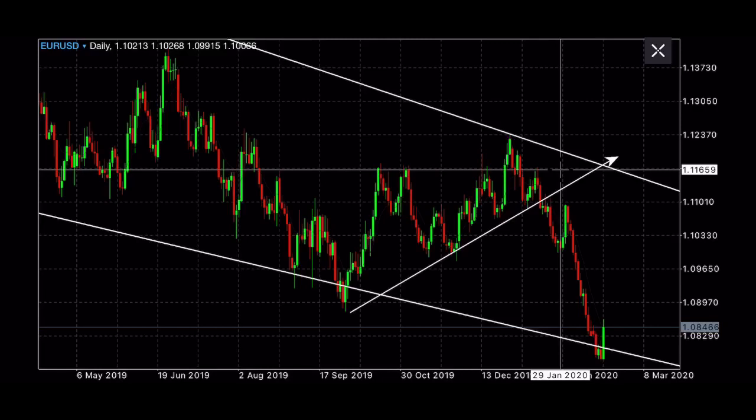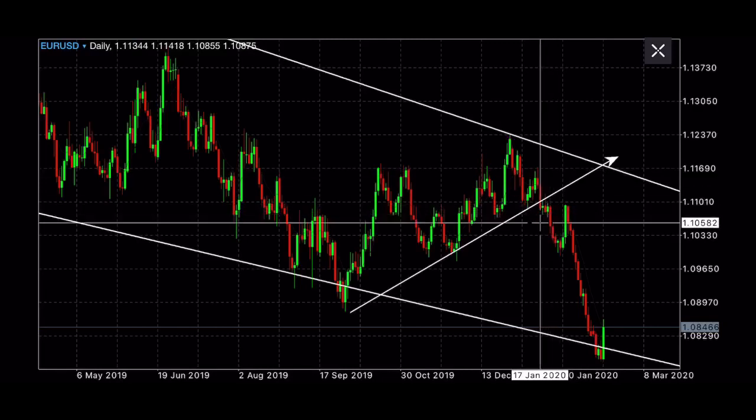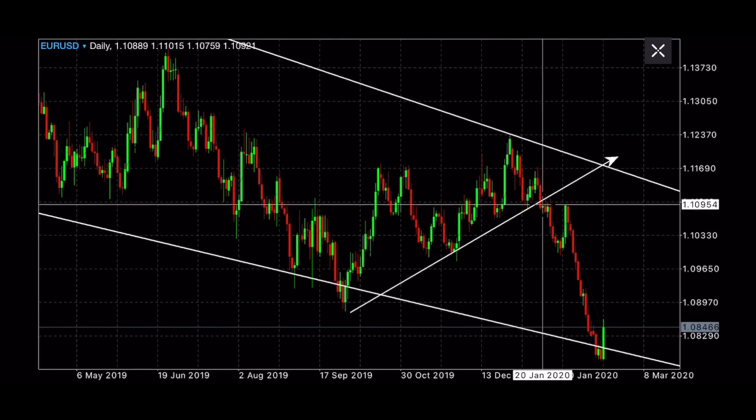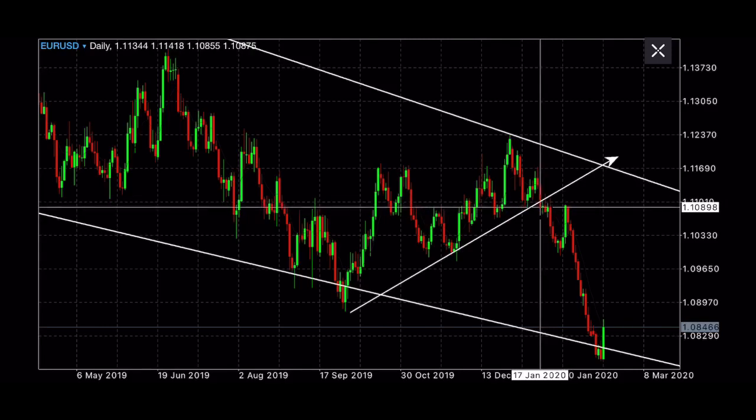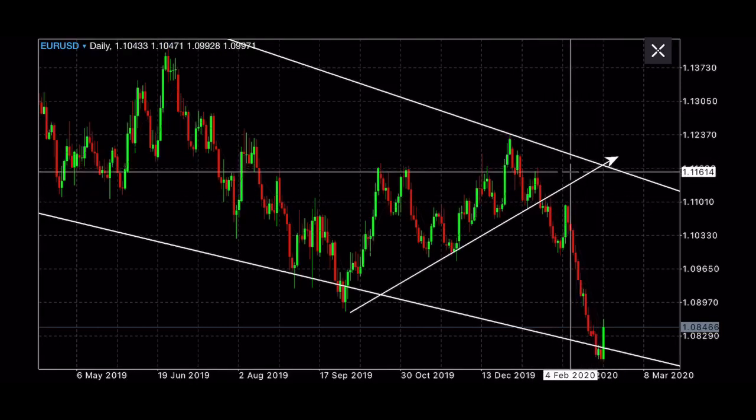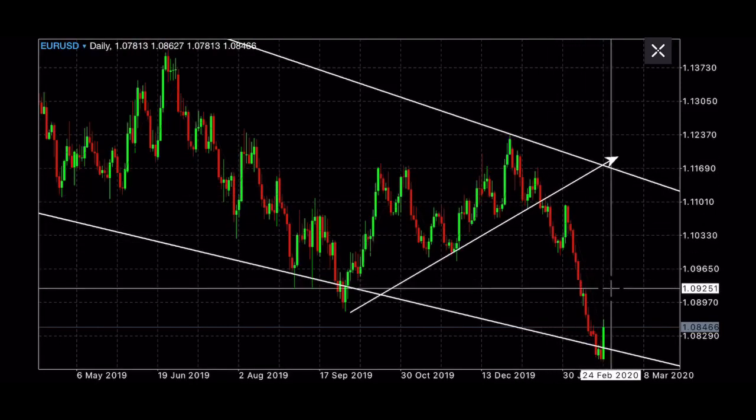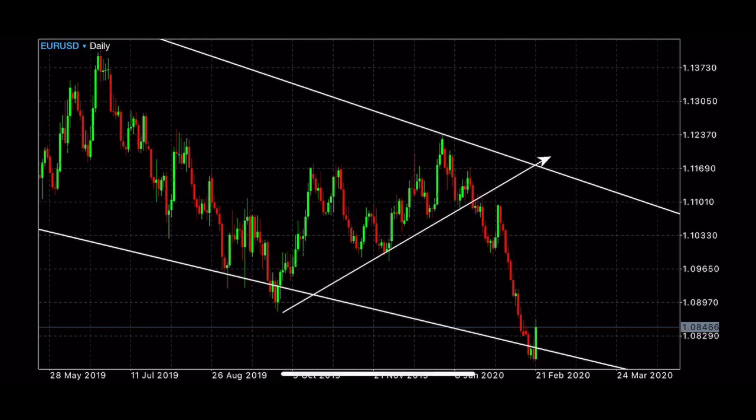So there will be a nice opportunity to sell. And that only happened on the 21st of January. That's when it happened. And this pair has been short selling ever since then. All right. So we're together on that part.